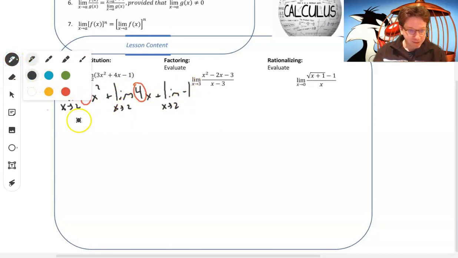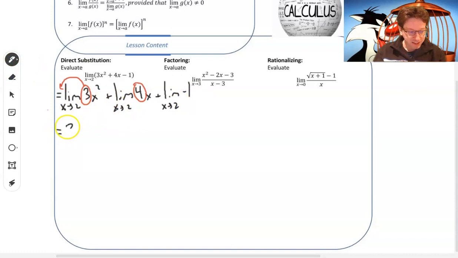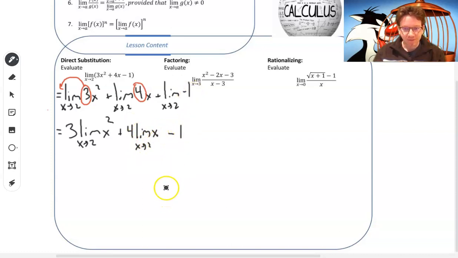So let me rewrite this as 3 times the limit as x approaches 2 for x squared plus 4 times the limit of x as x approaches 2, and that's just -1. Now what I can also do is first take the limit of x and then square it.